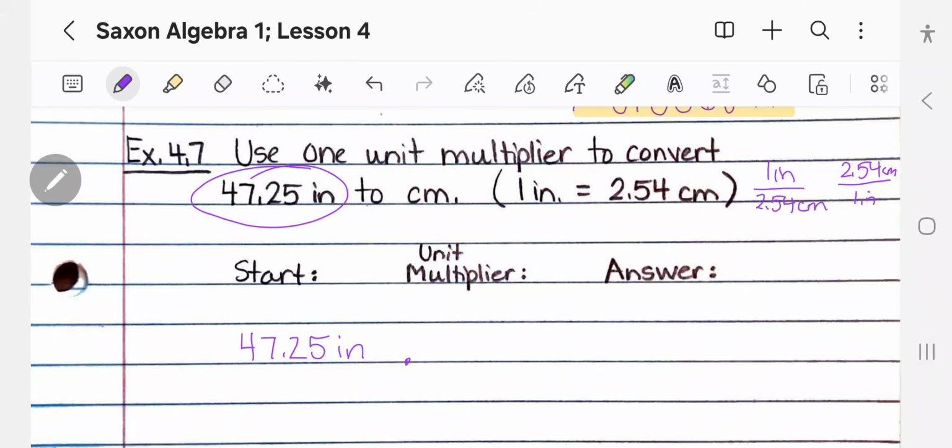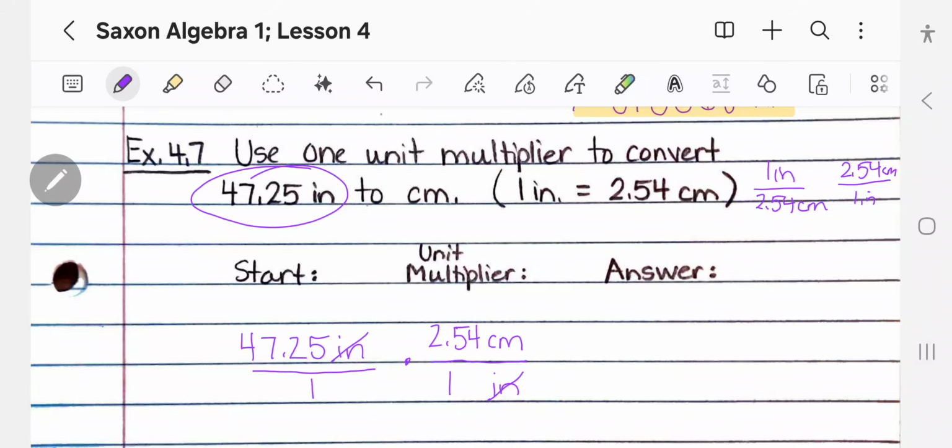Now let's see what we need. How do we know what to pick? We've got inches here on top, so we need inches here on bottom. So 1 inch on the bottom, 2.54 centimeters on top. And then we cancel. And then we multiply to find what the answer is.